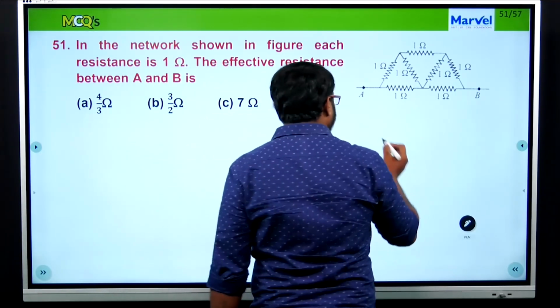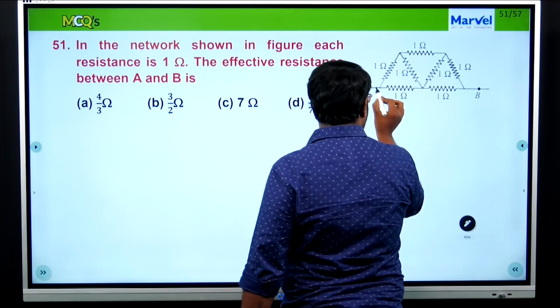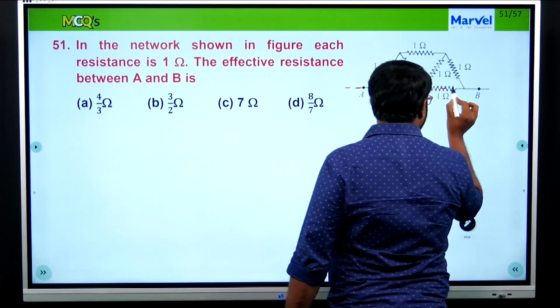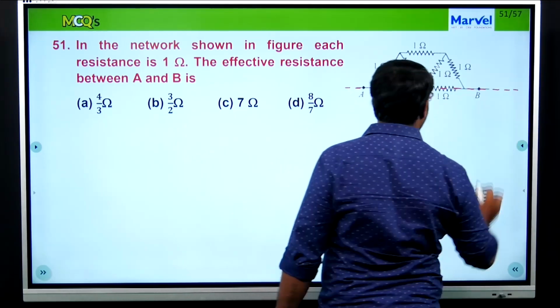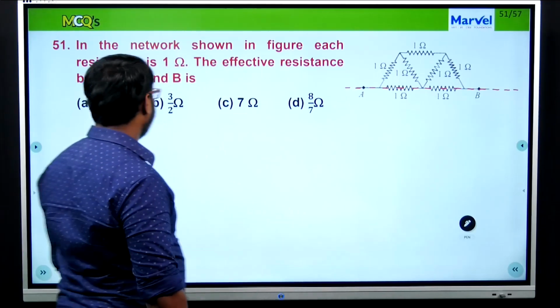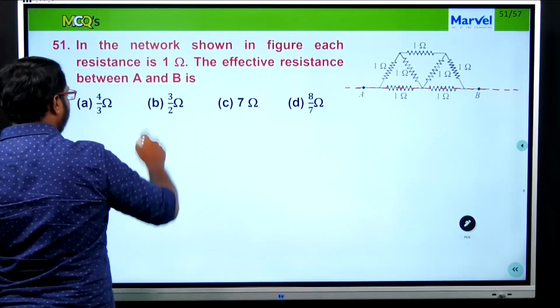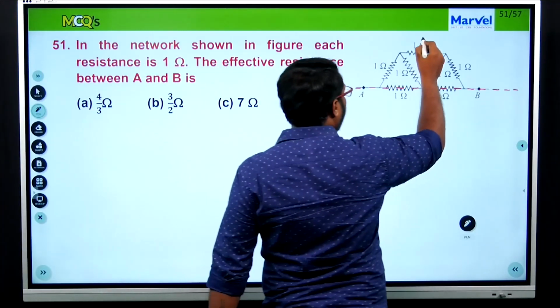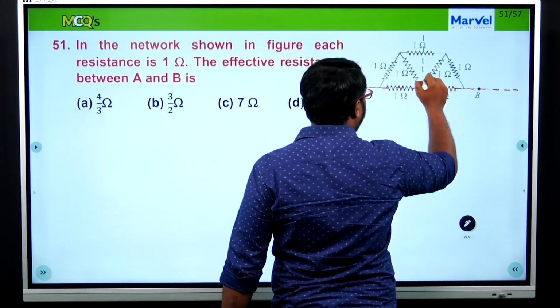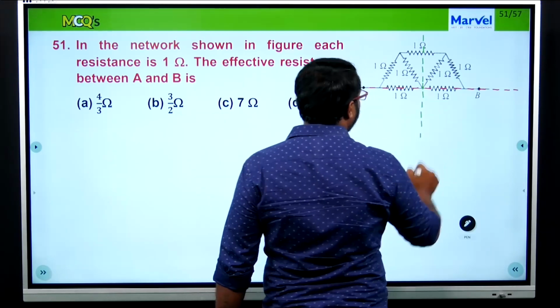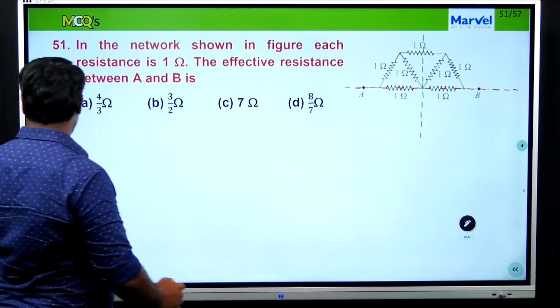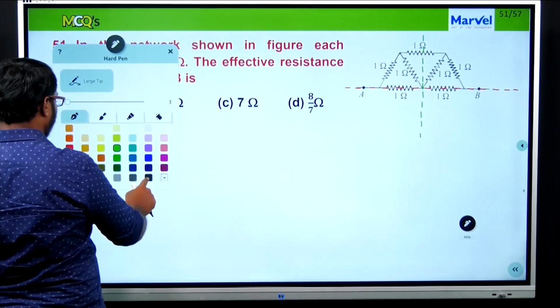You see, first always draw a horizontal line between the points where you connect the battery. Then you draw a vertical line perpendicular to it.